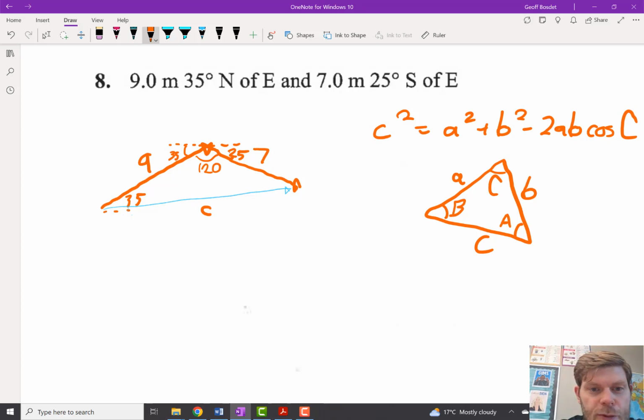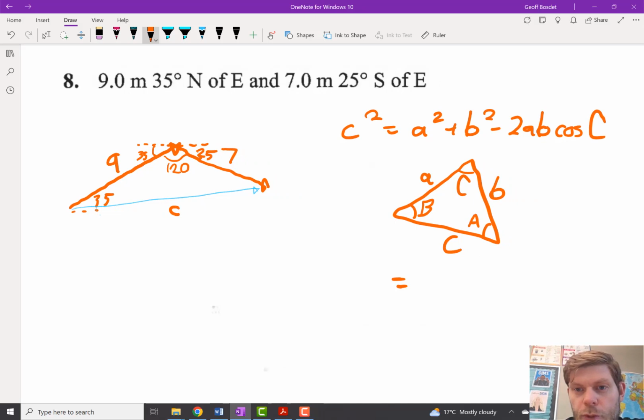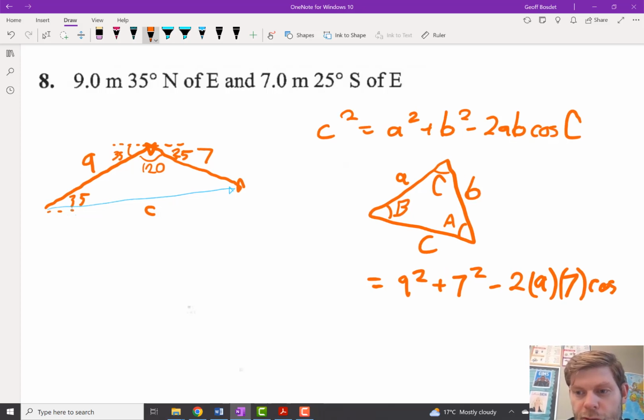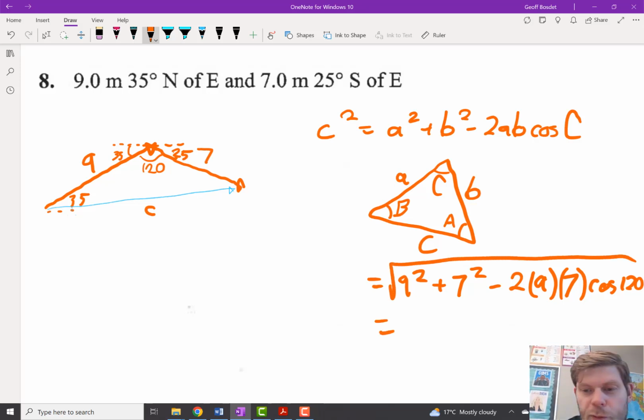So we want to find that C. We know the angle opposite it, and we know the two other sides, which is all we need. Anytime you got a side, angle, side sandwich like this, cosine law is your friend. So we will just plug her in. It's equal to 9 squared plus 7 squared minus 2 times 9 times 7 times cos of 120. And if we take the square root of that, that will be our displacement from where we started.